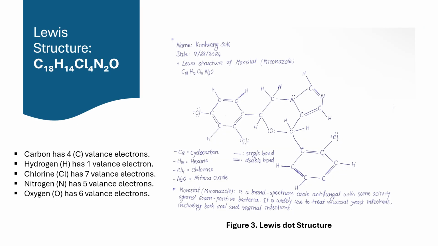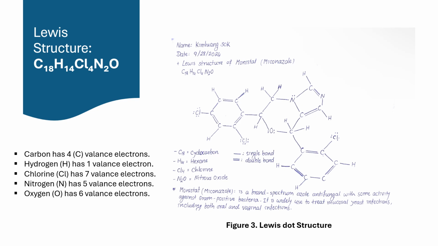Now I'm going to explain the Lewis structure of miconazole. The structure shows how the carbons are connected to form rings and chains, and how hydrogens, chlorines, nitrogens, and oxygen are bonded to these carbons.